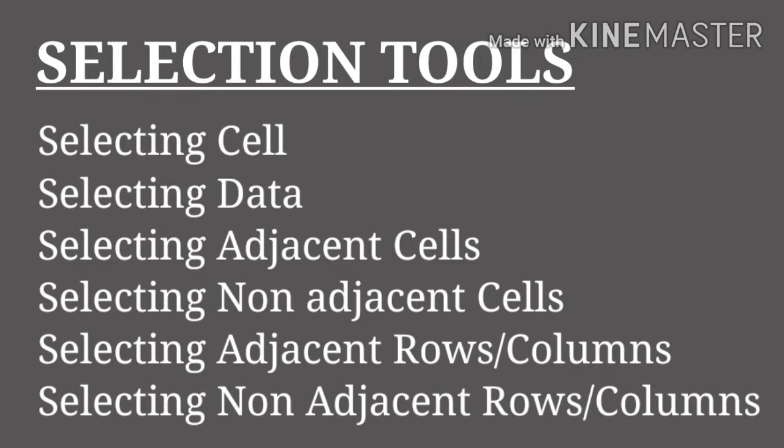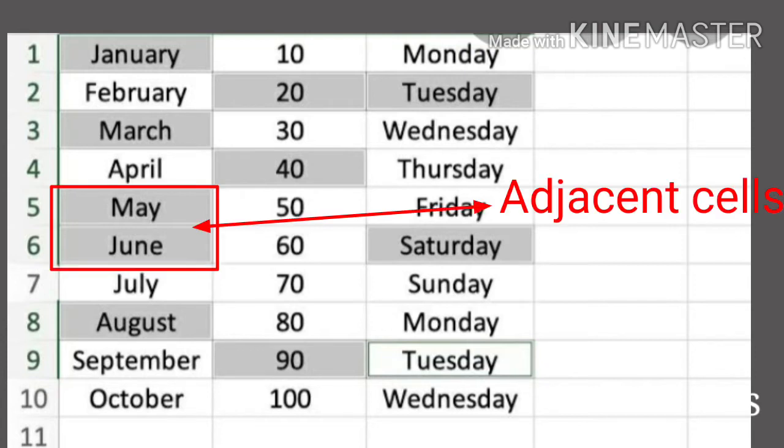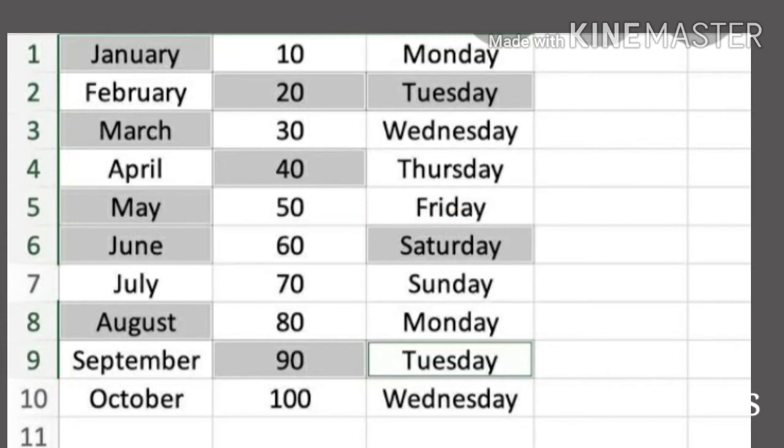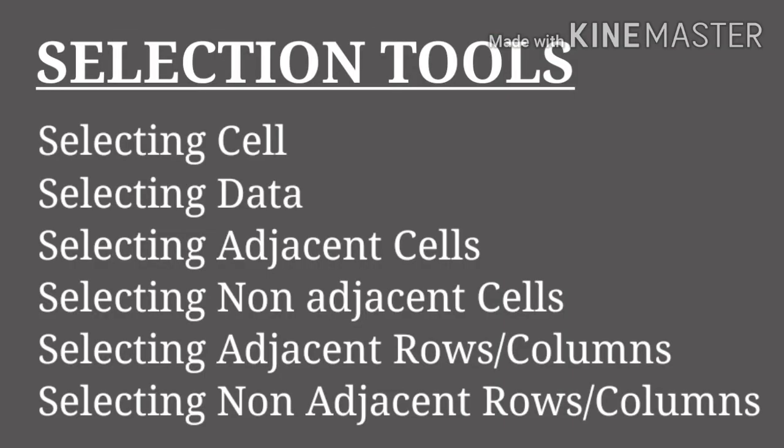Adjacent cells means the cells which are next to each other. And non-adjacent cells means the cells that are not next to each other. And also about how to select adjacent rows or columns and non-adjacent rows or columns. So let's see how we can do that.